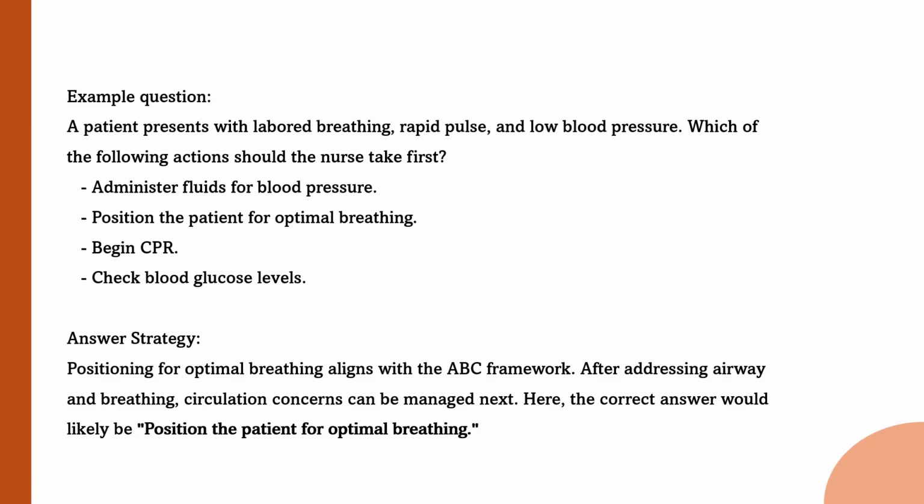So how do we identify the most appropriate answer? That is when we apply the ABC. And what does the ABC ask us to address first? Airway, breathing, circulation. And we can see this patient has labored breathing. So what intervention best matches labored breathing? That is positioning the patient for optimal breathing. And that is the correct answer, right?